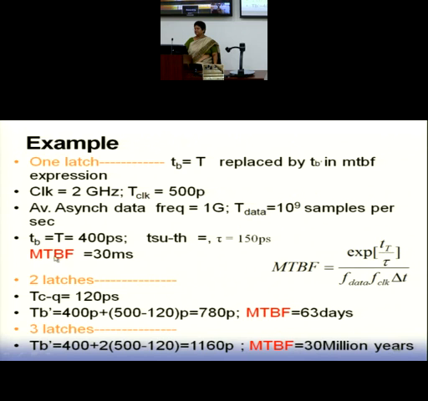Can you see, MTBF was initially 30 milliseconds, then it increased to 63 days for 2, and that increased to 30 million years for 3. So you can have a design of a 3-stage cascaded synchronizer, a simple D-latch designed with 3 stages. You're designing a synchronizer for that. A very simple example of simply increasing the time cycle and wasting your time cycle.